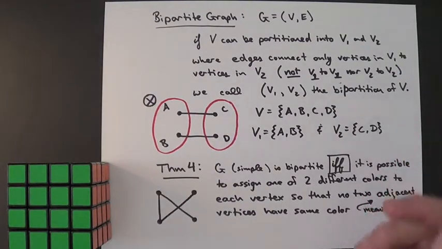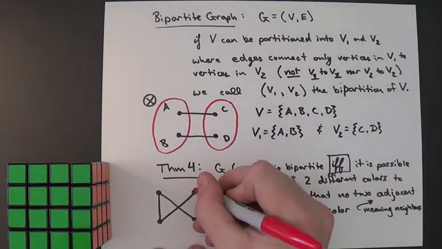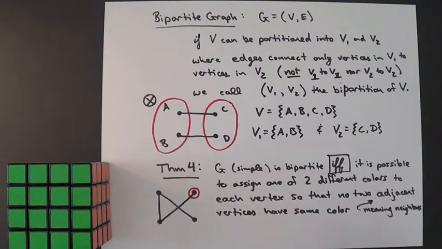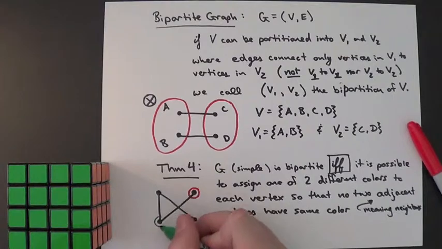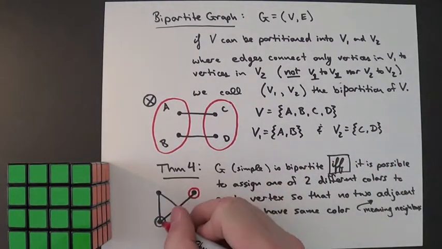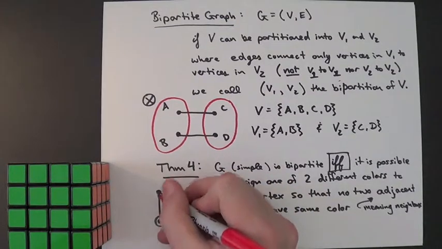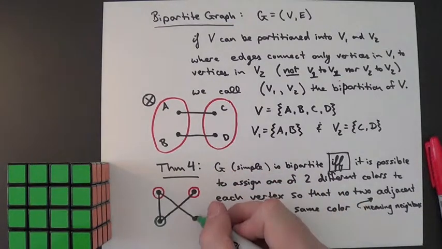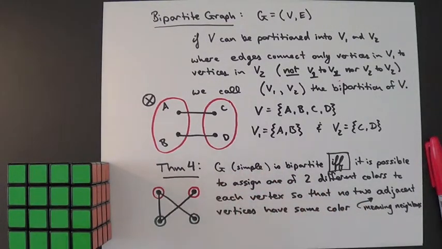Question is, is this set bipartite or is it not bipartite? If we start to color some vertices, we can check the fact that it's bipartite by coloring that one red. If that one's red, then this one must be green because it's a neighbor, which means because this one is incident with this common edge, that one must be red, and finally, this one must be green.